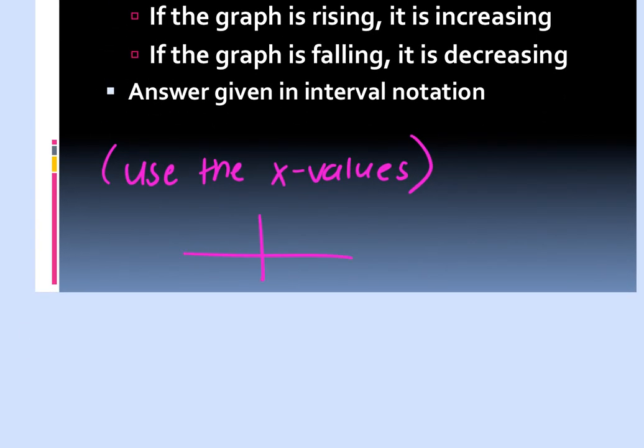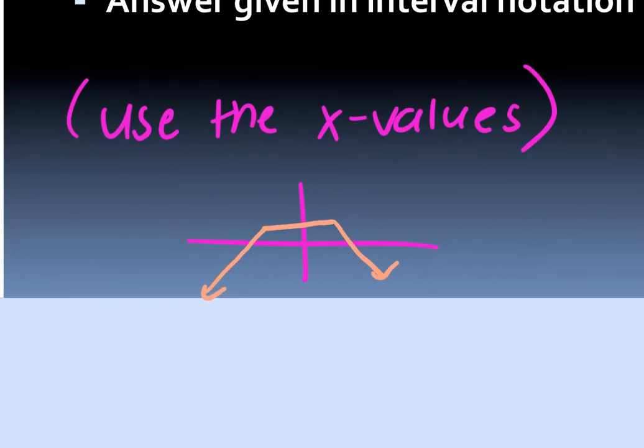So if you had something like this, let's say, then if I was to identify our increasing, decreasing behavior, we go from left to right. The first movement is upward, which means that would be increasing from negative infinity to negative 2, with a parenthesis on the negative 2 because, again, a point cannot be increasing, so we use parentheses.